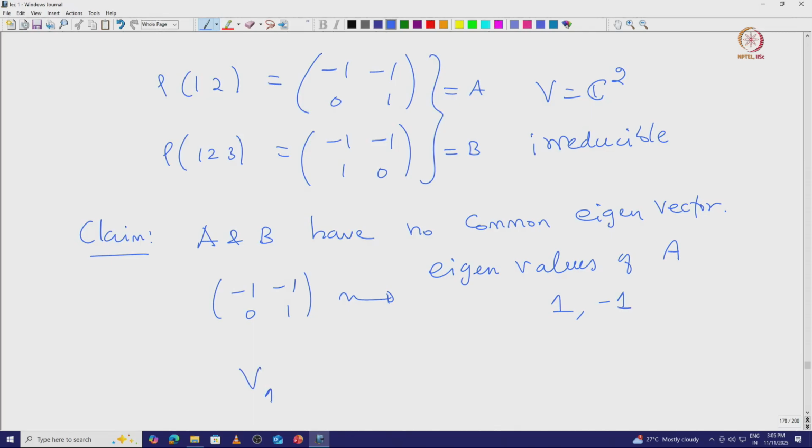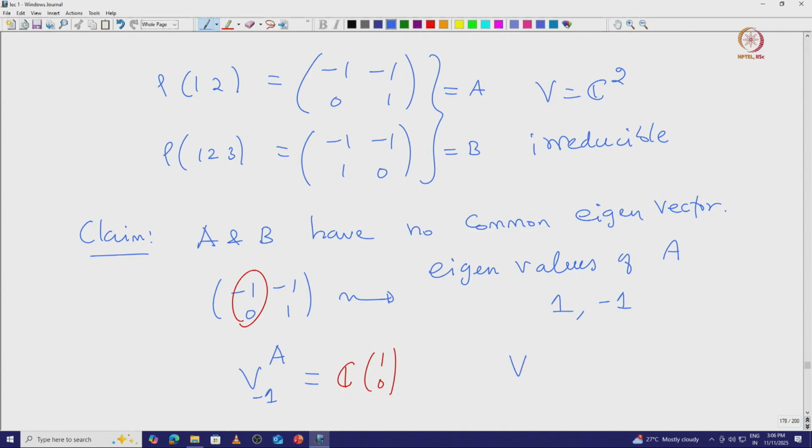Now if you look at the eigenspace for the eigenvalue -1, you can immediately see that this is spanned by the vector (0, 1). Since we are dealing with only a 2 dimensional space, if the -1 eigenspace is 1 dimensional, then the eigenspace corresponding to 1 also must be 1 dimensional.